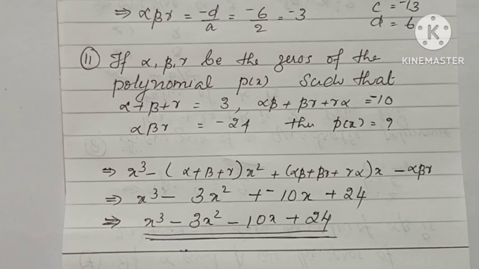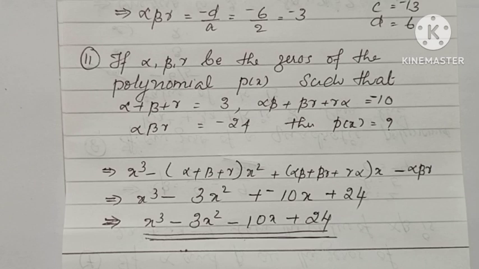If alpha, beta, gamma be the zeros of the polynomial p(x) such that alpha plus beta plus gamma is equal to 3, alpha beta plus beta gamma plus gamma alpha is equal to minus 10, alpha beta gamma is equal to minus 24, then what is p of x?